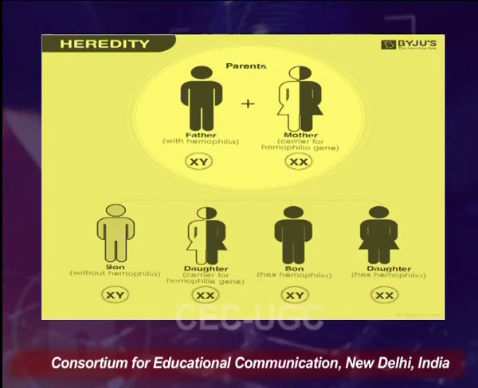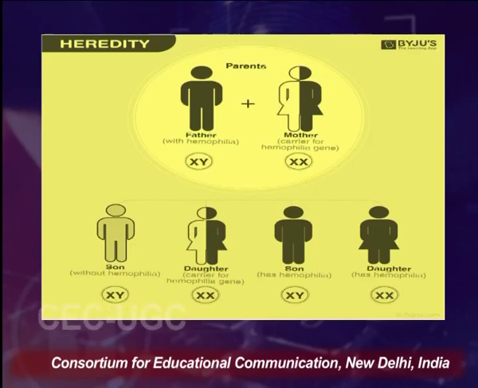In this example, if we go by the color, the dark represents that the father has the disease. The mother does not have the disease, but she is a carrier. Carrier means that the mother has half the trait of the disease and half the trait which is not diseased.